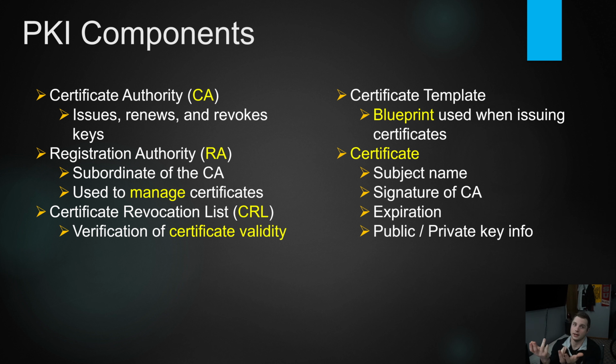So when you get a new employee, you can give them a new public key. You get a template there. So certificate, and then the certificate itself is going to be the subject name, the signature, the CA, so again someone like Microsoft, the expiration, and then public and private key info, whatever that may be, inside of that certificate.